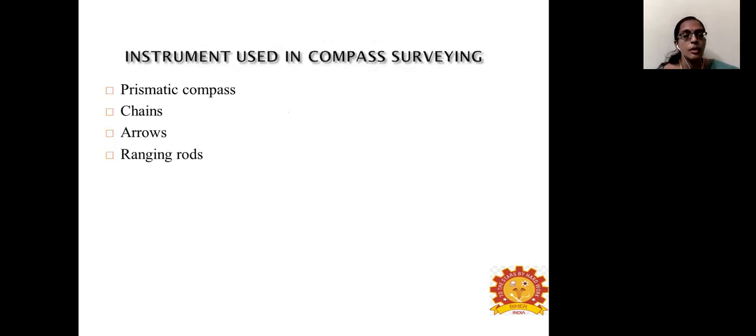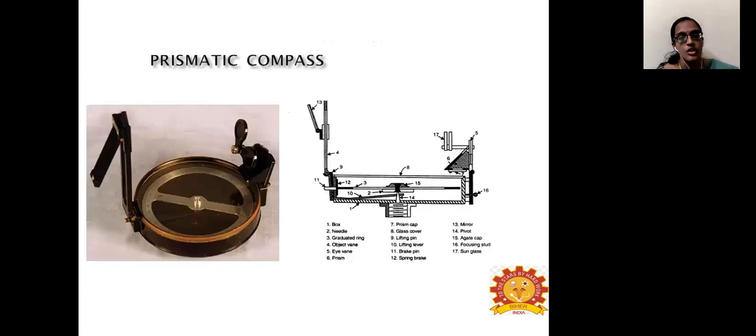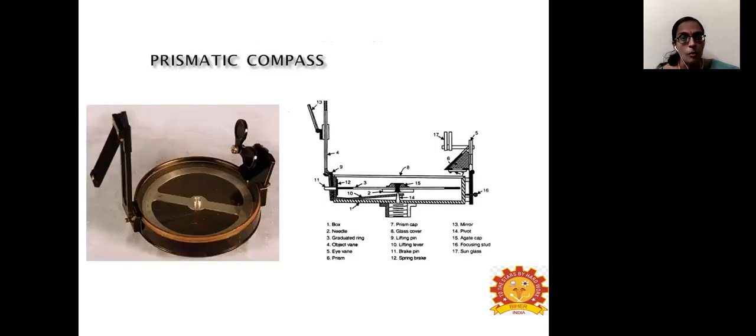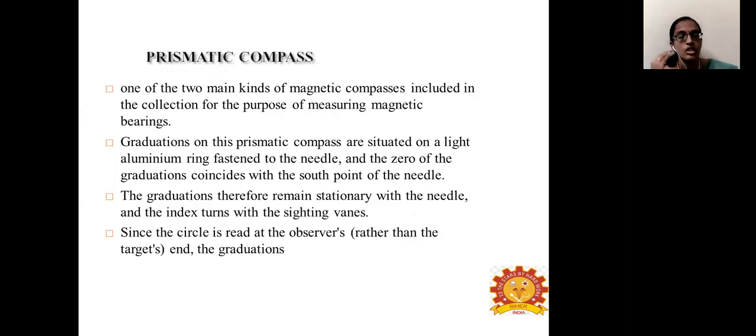The instruments that may be used in compass surveying are the prismatic compass, chain, arrows, and ranging rods. So this is the prismatic compass. This is used for leveling. It shows whether your surface is properly level or not. The compass indicates the direction of the line. It shows magnetic north and magnetic south.